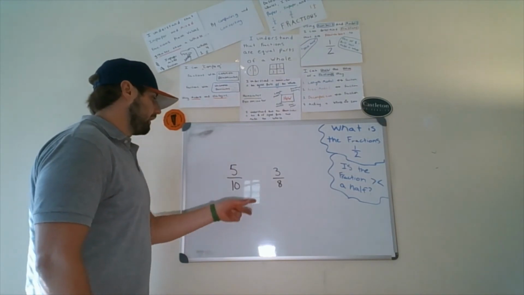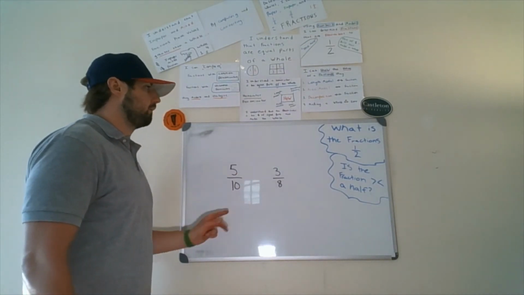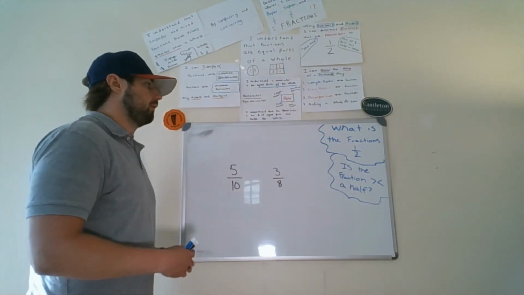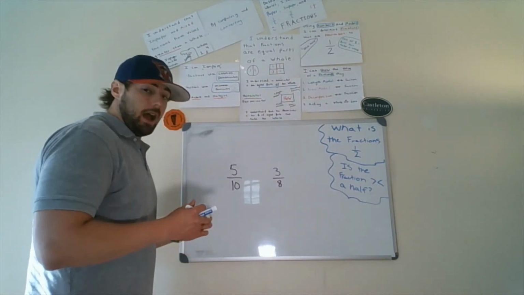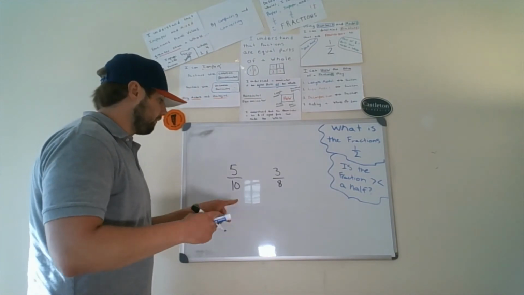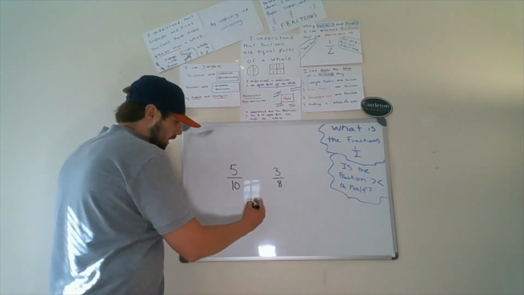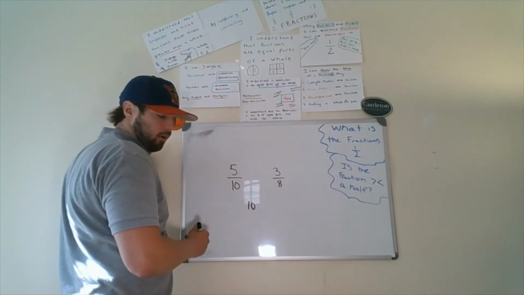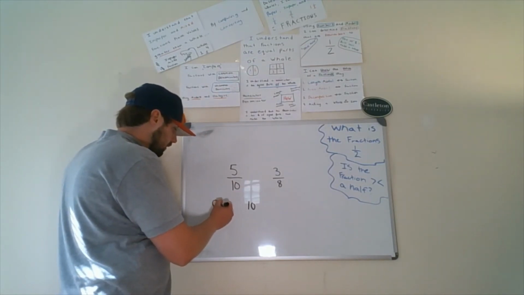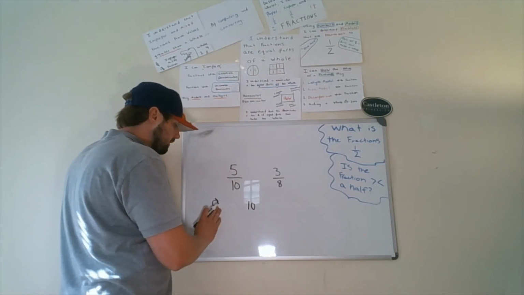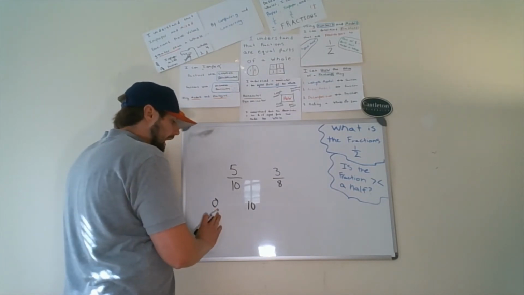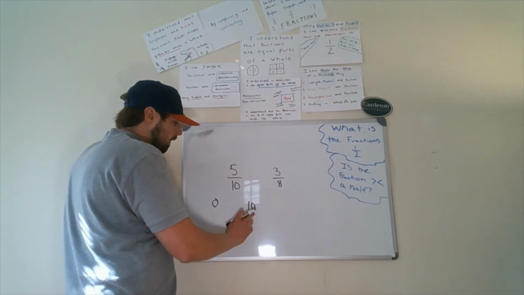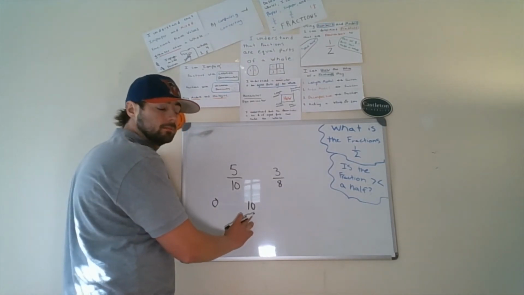Let's think about 5/10 first. What is the fraction's half? How many parts make the whole in tenths? We know there are 10 parts that make that whole. We're starting with 0. What is the middle? What is half of 10? What is equally between 0 and 10?